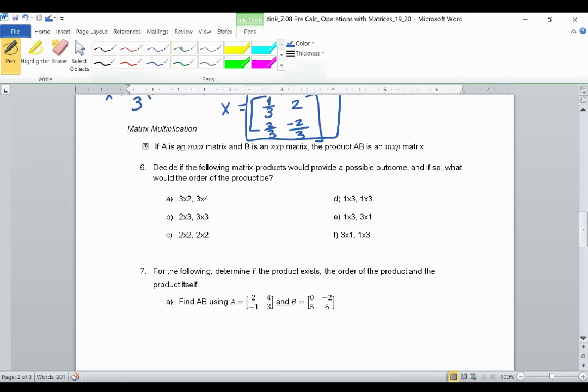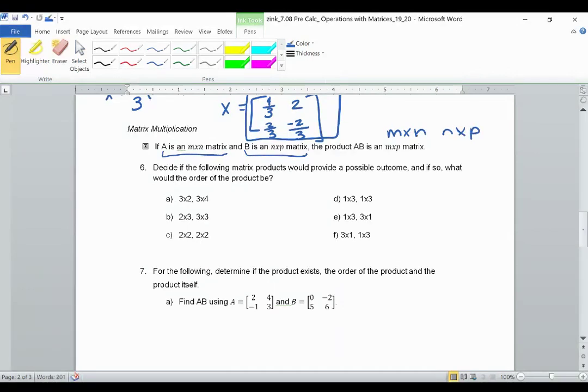Okay, so now we're starting to get into matrix multiplication, which is a little bit harder because it's just kind of a strange process that you have to do. So let's say A is an m by n matrix, and B is an n by p matrix. When you are able to multiply matrices together, those middle numbers have to be the same.